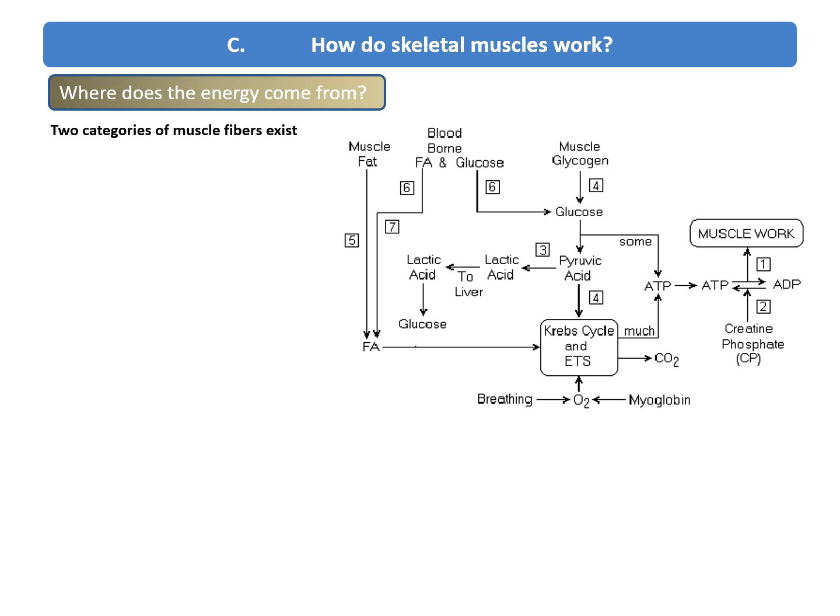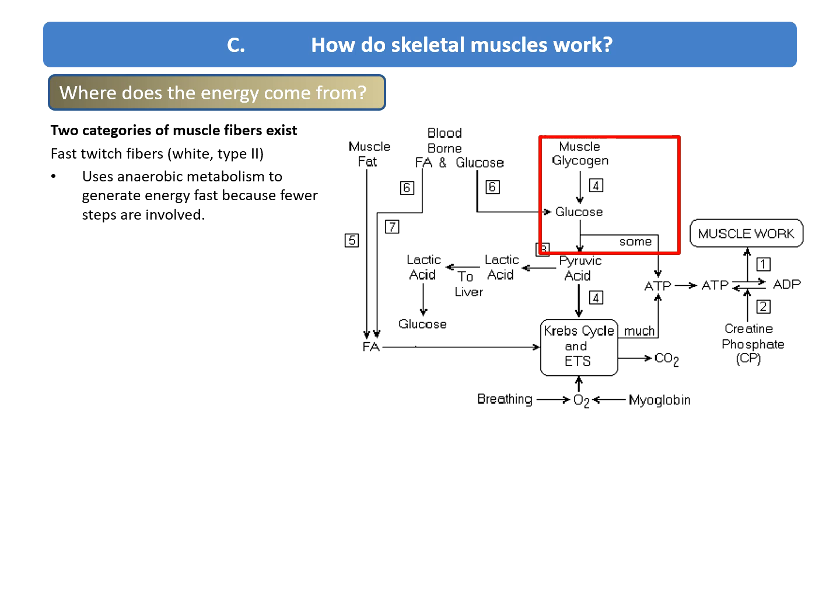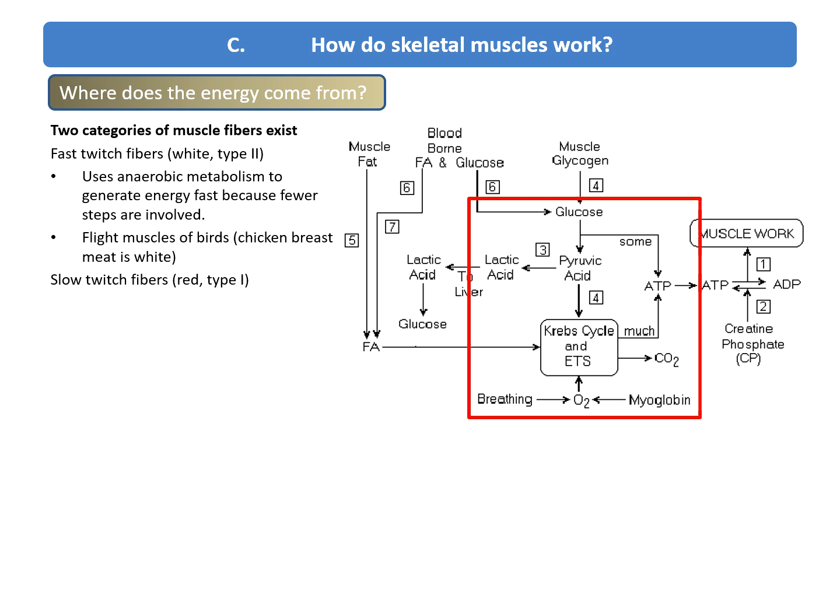There are 2 categories of muscle fibers with respect to the source of energy. Fast twitch fibers, also called white or type 2, use anaerobic metabolism to generate energy. It generates energy fast because fewer steps are involved. The flight muscles of birds, for example, chicken breast meat, is white.